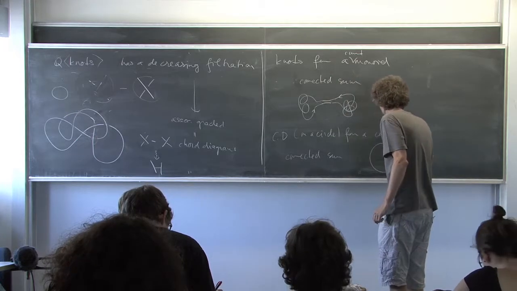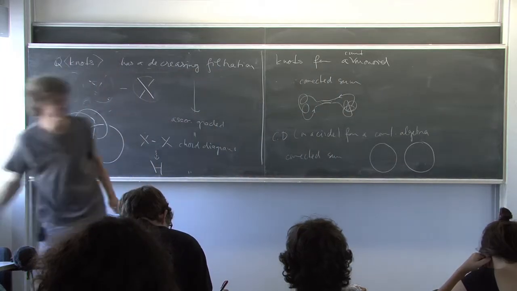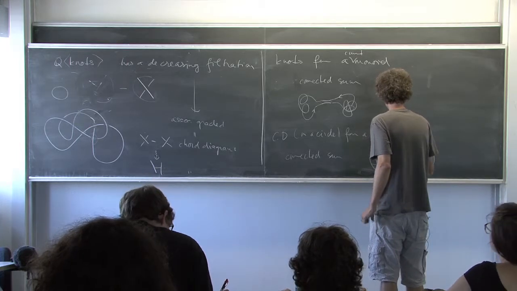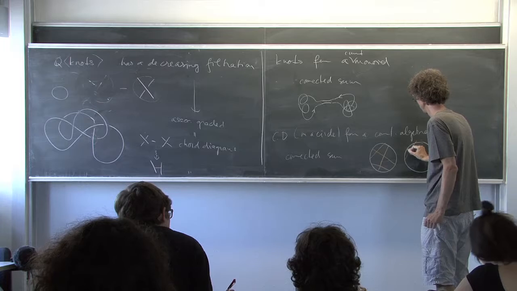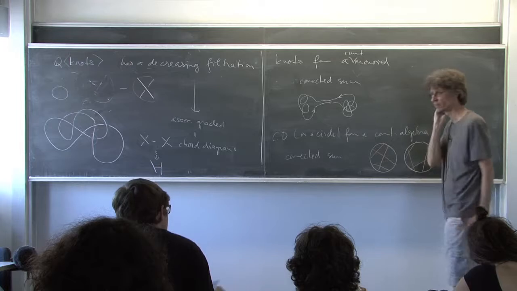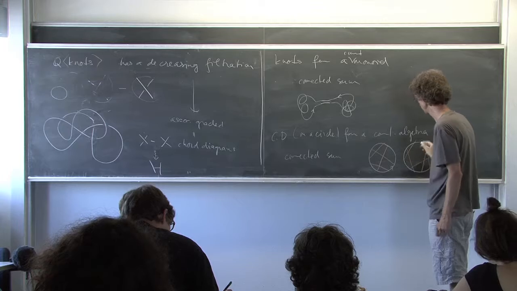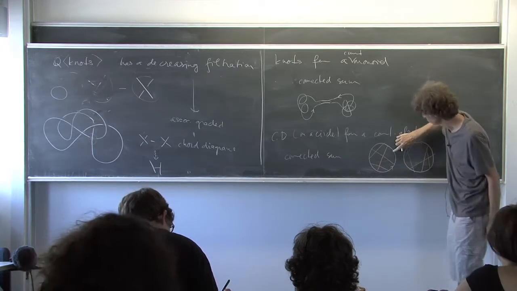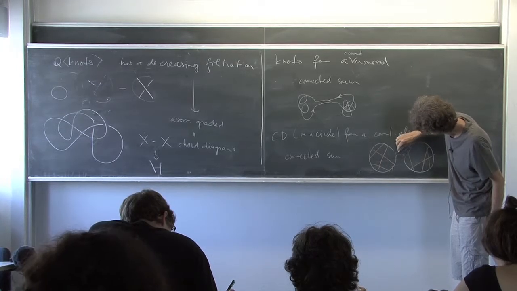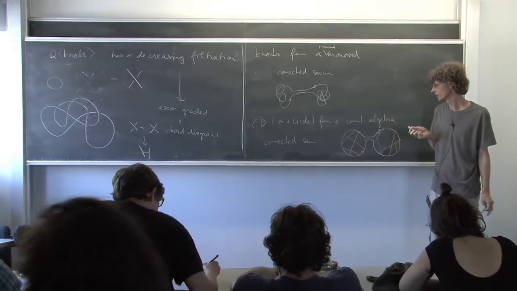So imagine you have two chord diagrams, and here you have another chord diagram. So how do you compute it? Well, those things should be oriented. So you make the connected sum of those circles, and that's the product in our algebra.